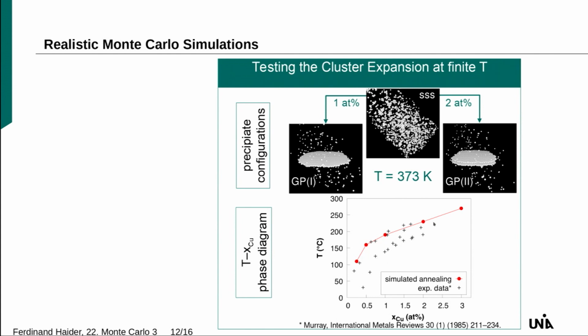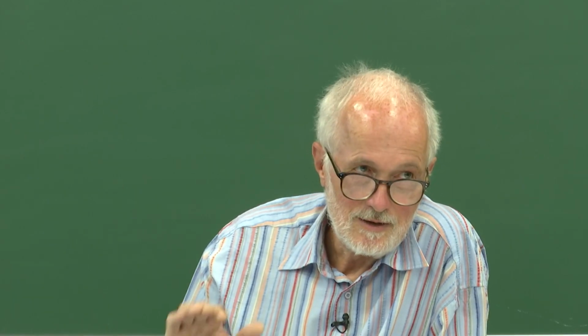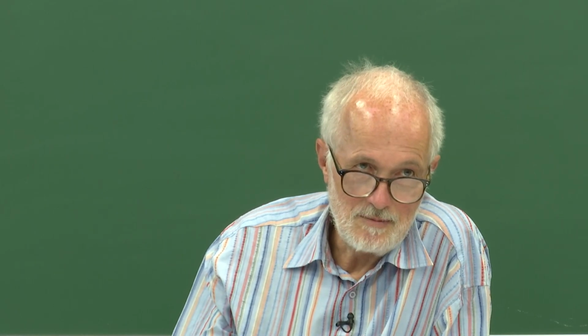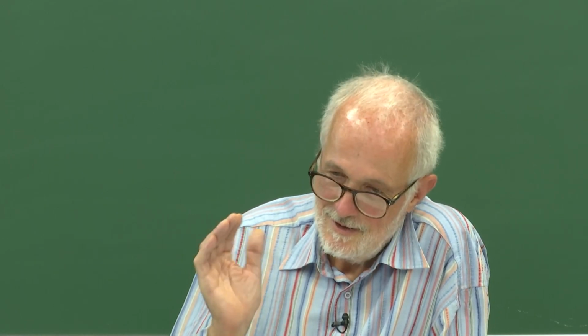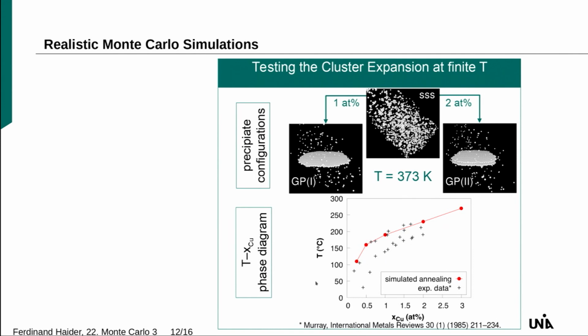But you see that, grosso modo, this red curve well describes the experimental phase diagram. As I said, this metastable phase diagram. Of course, you find rather reliable equilibrium phase diagrams for such systems, but to find a metastable phase diagram is quite difficult, I would say.